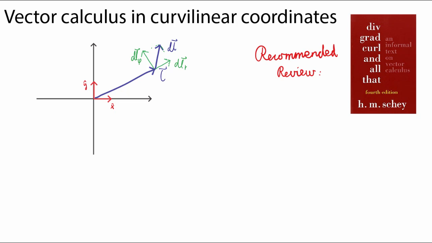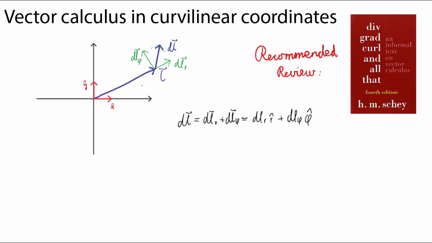So from this follows that we can write the displacement vector dl as the sum of the vector dl r and the vector dl phi, which is just the magnitude of dl r in the r hat direction plus the magnitude of dl phi in the phi hat direction.